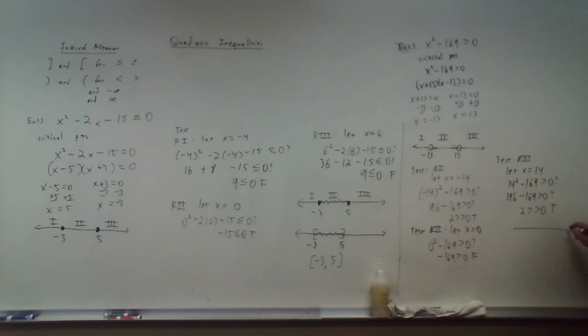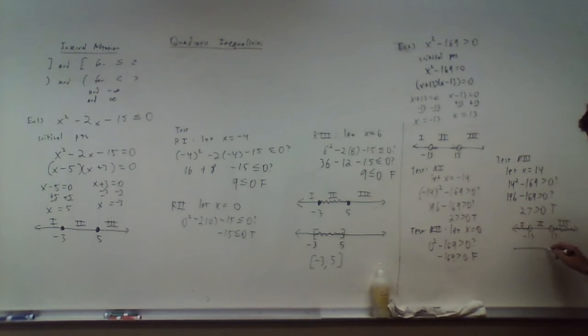So here's what we got when it's all said and done. Negative 13, 13, open dot, region 1, region 2, region 3. Regions 1 and region 3 were both true.